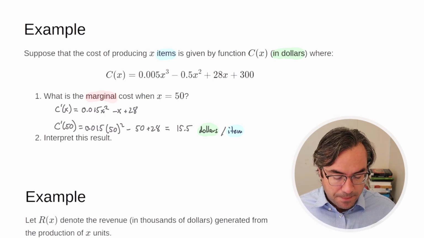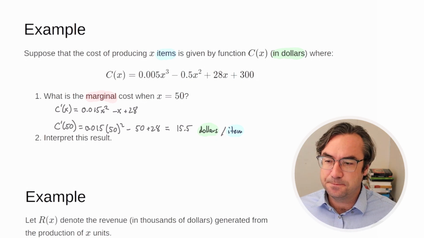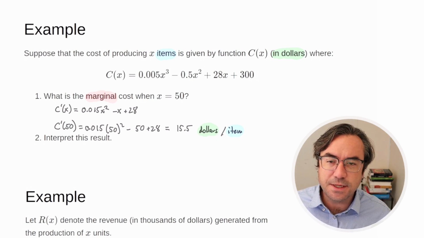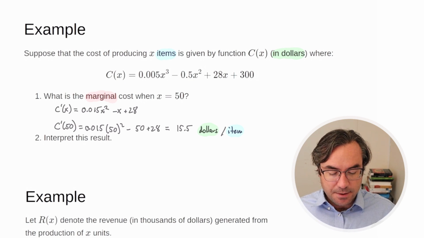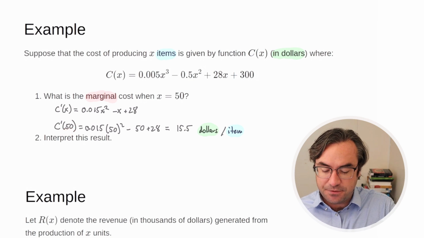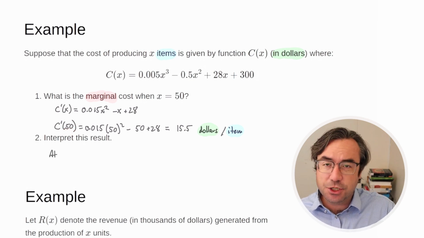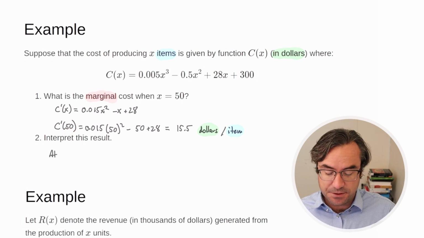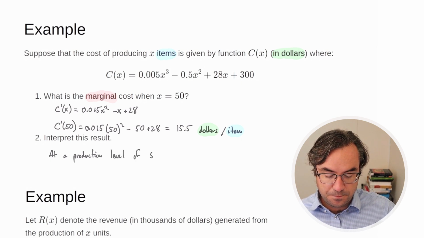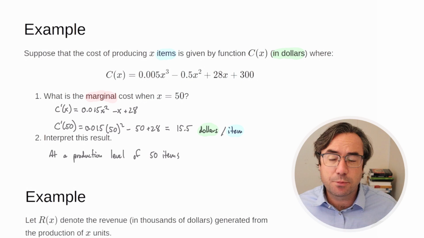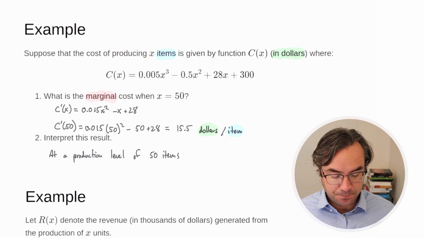All right, so what does this value mean? So let's interpret this result. What this is saying, because we plugged in x equals 50, that means we're at a production level of 50 items. So we're currently producing 50 items.